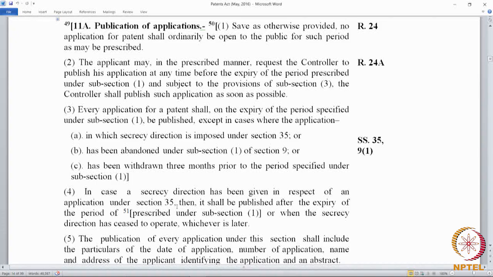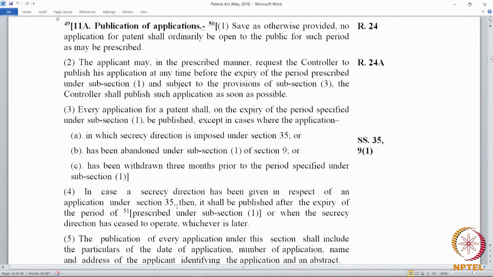Now, if a secrecy direction is issued under section 35, then the eventual publication of that application can happen either at the expiry of the 18-month period, which is the default case, or if the secrecy direction is still pending, when the secrecy direction ceases to operate. Whichever happens later, the application would get published only after that point.